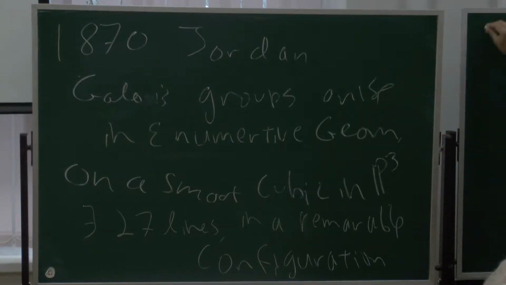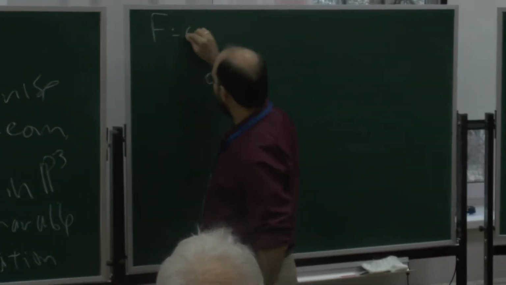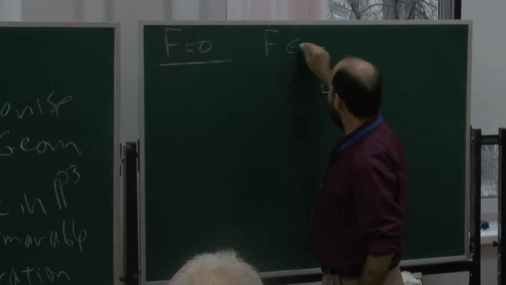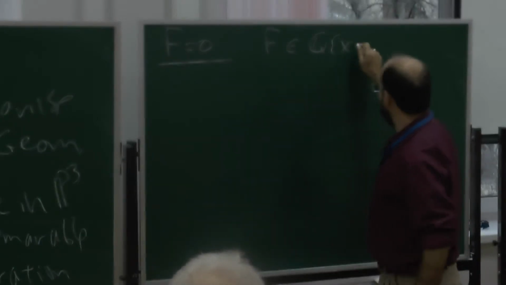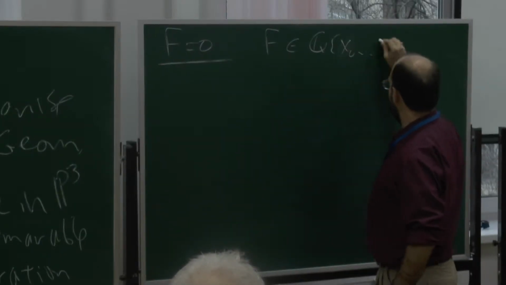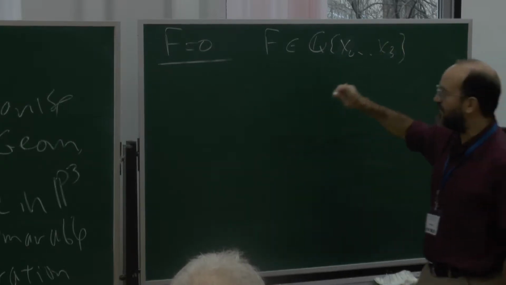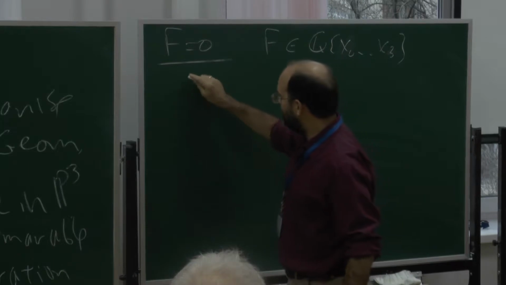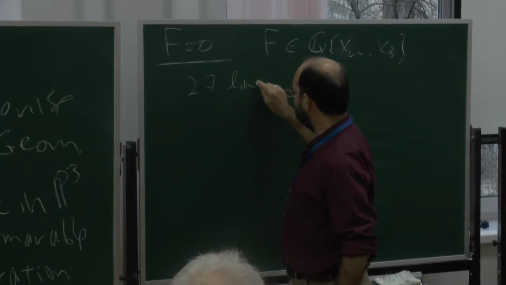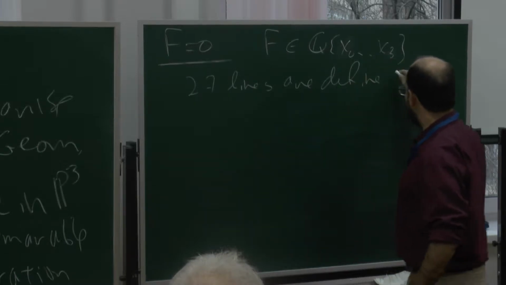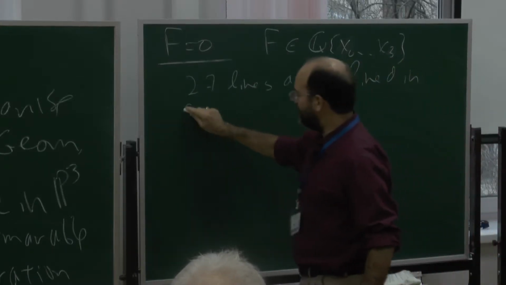So let me explain. My cubic is the zero set of a polynomial f in x0 through x3, a rational polynomial of degree 3. And we know that the 27 lines are defined in some field extension.